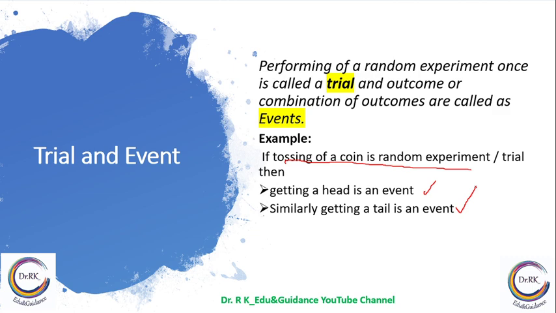Yes. It may be getting an even number, getting an odd number, getting a number less than or equal to 2, or less than or equal to 3. So on a given sample space, we can have many subsets, that means many events defined on the sample space.